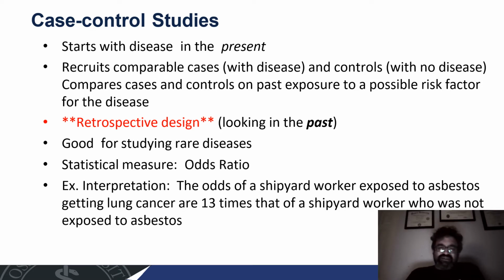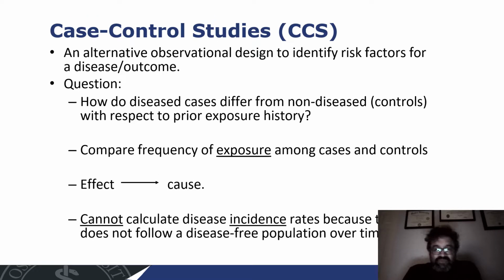But shipyard workers, in occupational health, exposed to asbestos are 13 times more likely to get lung cancer than a shipyard worker who was not exposed to asbestos. So case control studies can be considered an alternative observational design to identify risk factors for a disease outcome.